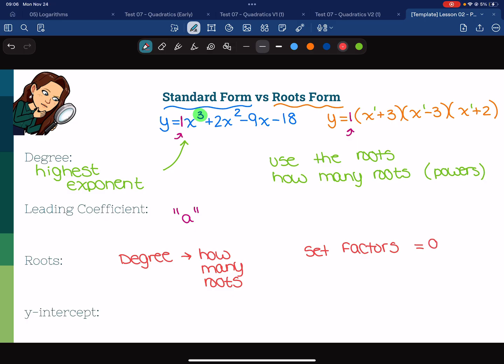And then our y-intercept. As I look at my y-intercept there, we know that negative 18 is nice. It's that constant piece at the end. But when I'm looking at it, like for the roots, we would have to go a step further and plug in.